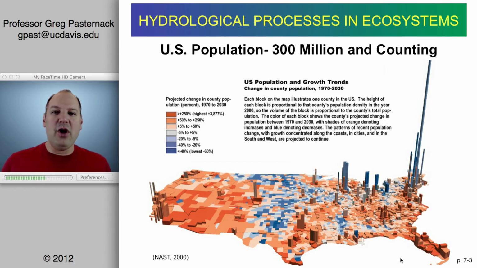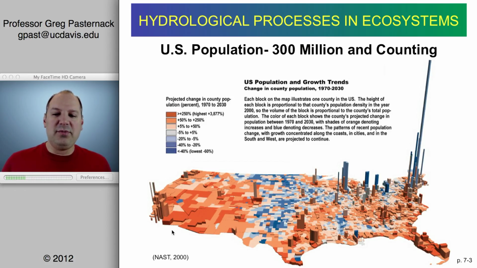And although we have an overall low population density for the whole country, people are highly centralized in some relatively small areas, and we want to look at how that works. What this first graphic shows is that current growth trends are driven by demographic phenomena. And so the areas of red with the highest blocks here, like in Florida, Texas, and the overall southwestern U.S., but especially in California, those are the areas that are fundamentally growing.